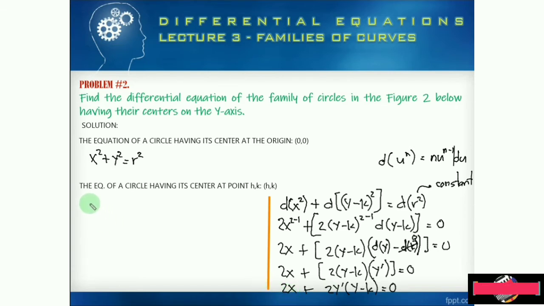So we have here 2x plus, we distribute this one, 2y prime and then minus 2k y prime is equal to 0.